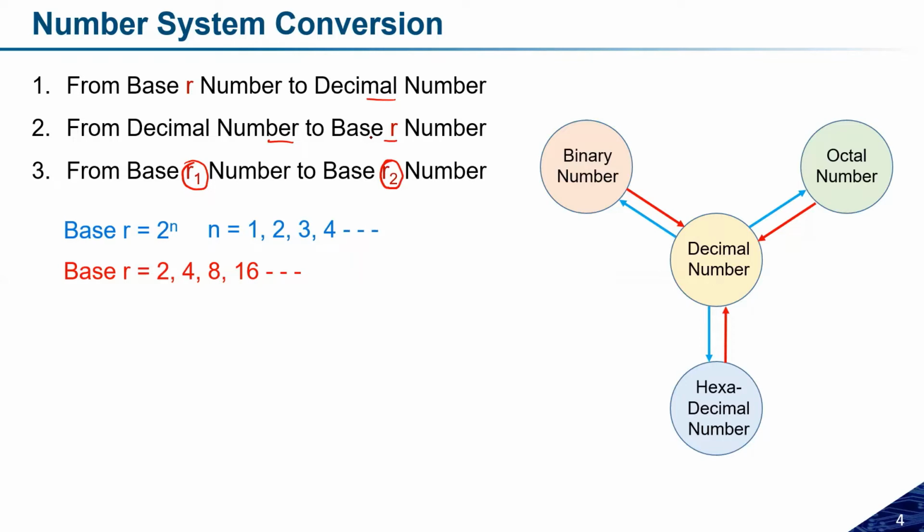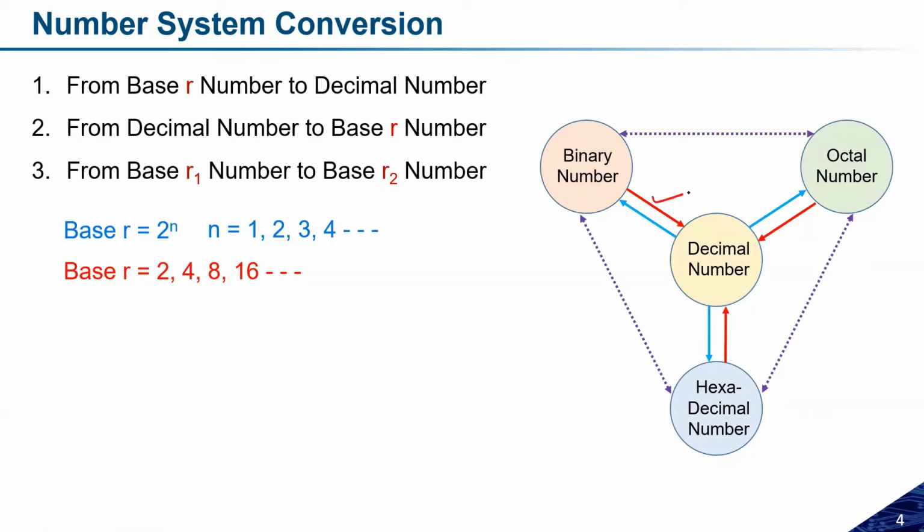But case 3 is not that simple. I have to involve the decimal number system in this conversion. From R1 I convert to decimal, and then from decimal to R2. So the third kind of conversion is a two-stage process, which we will see in detail later on. This is not a direct conversion.